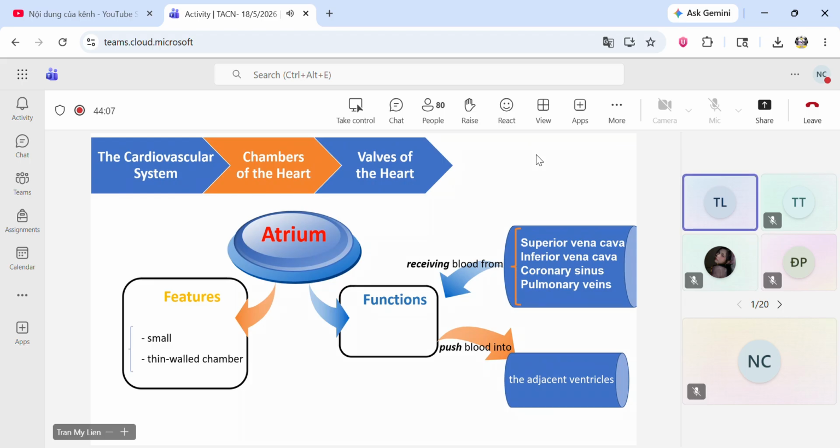The atria, the plural of atrium, of the heart are small and thin-walled chambers, receiving blood from the vena cava and pushing the blood into the adjacent ventricles.